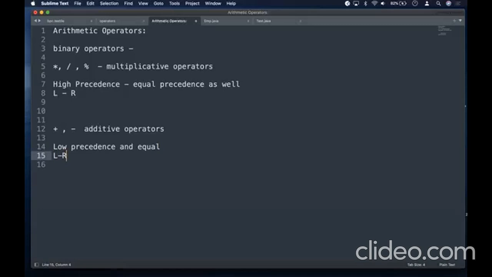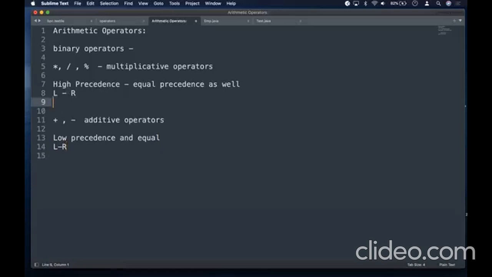If we have to discuss something about these, we need to discuss the modulus operator and the division operator. So this is the division and this is the modulus operator. For example, if I say 10 by 3, the output is going to be 3, because 10 is a whole number and 3 is a whole number.